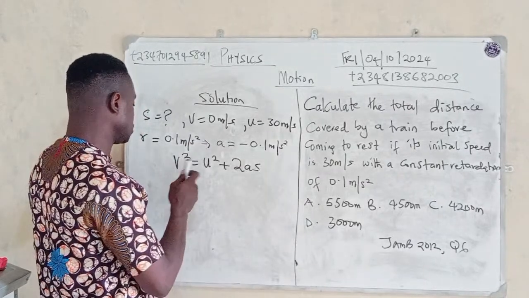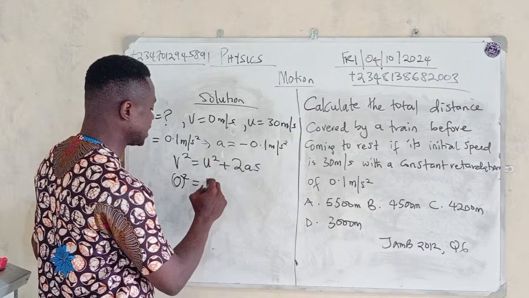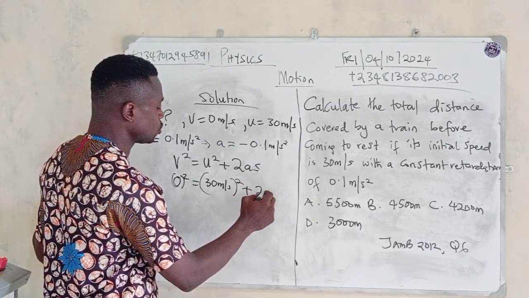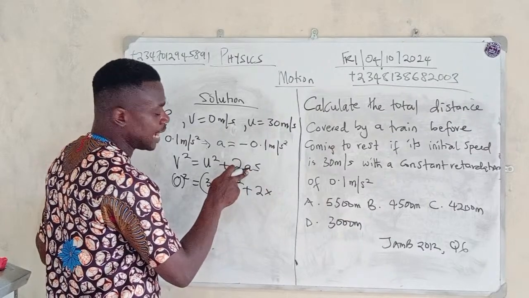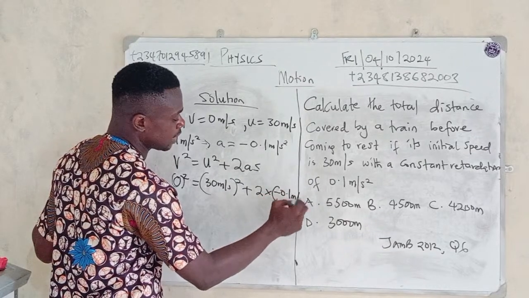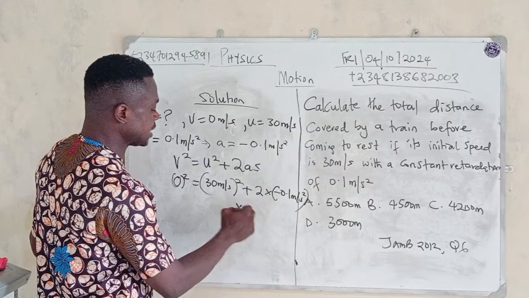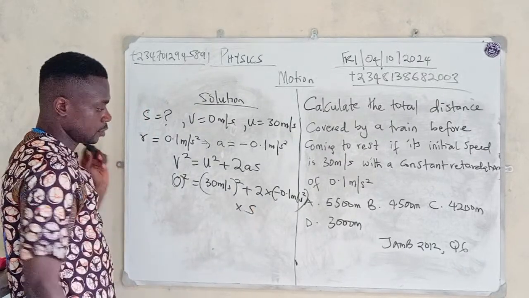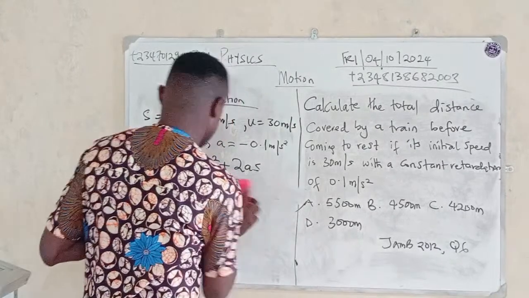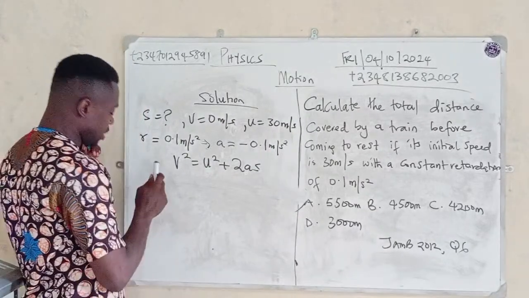So 0 squared is equal to U, 30 meters per second, squared, plus 2 times the acceleration, which is now negative, minus 0.1 meter per second squared, times the distance we are looking for. Sorry, let me write this well. So let's start from here.